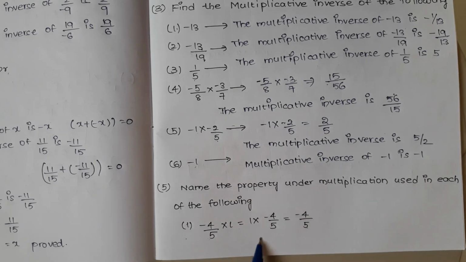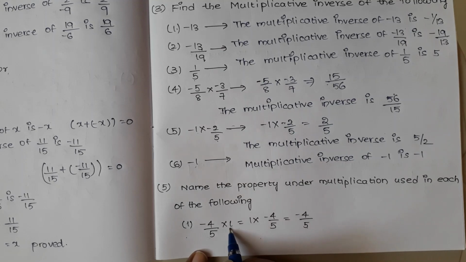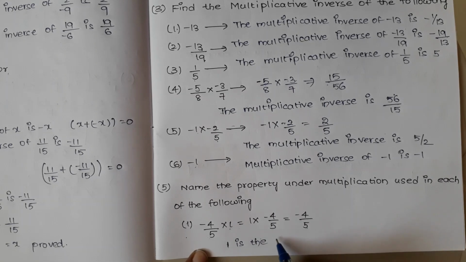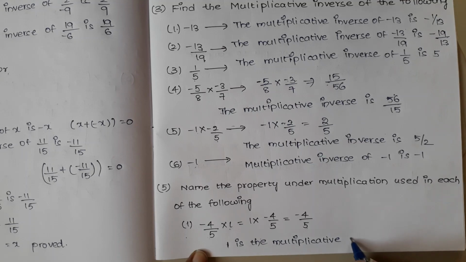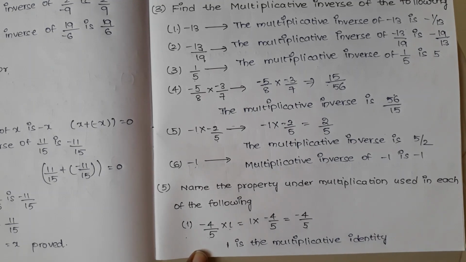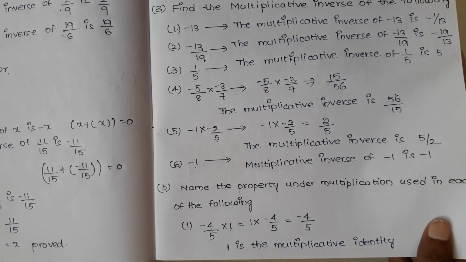Here 1 is the multiplicative identity, because the product is the same rational number, minus 4 by 5.